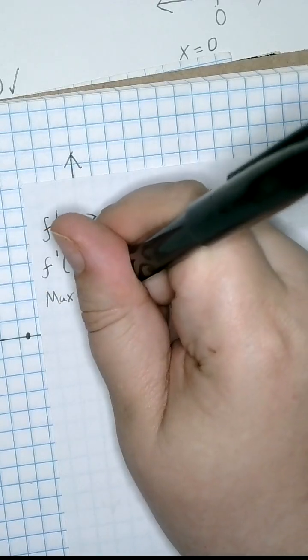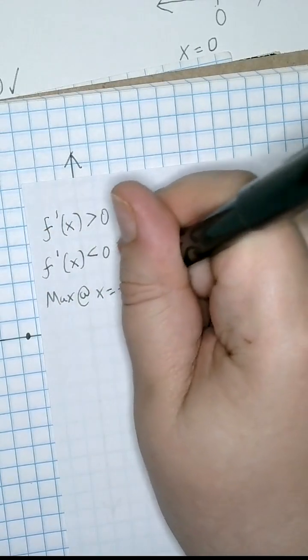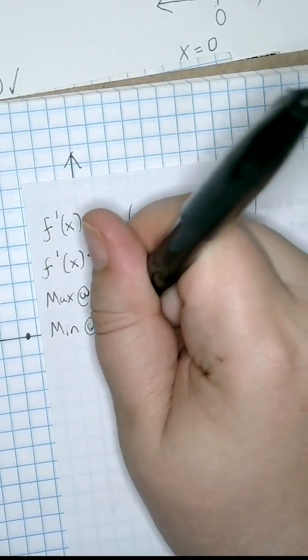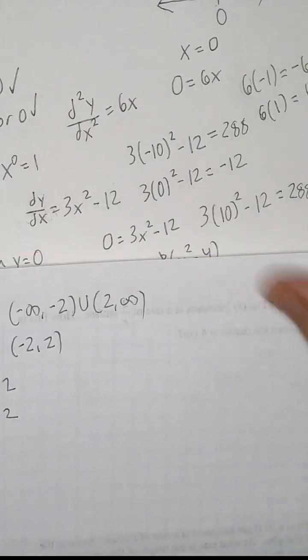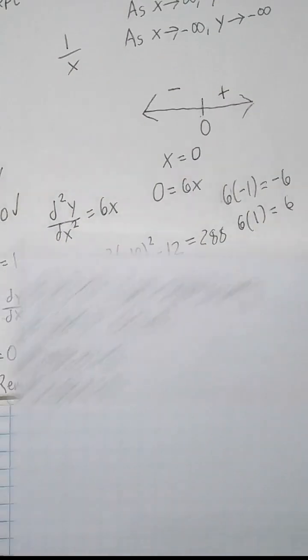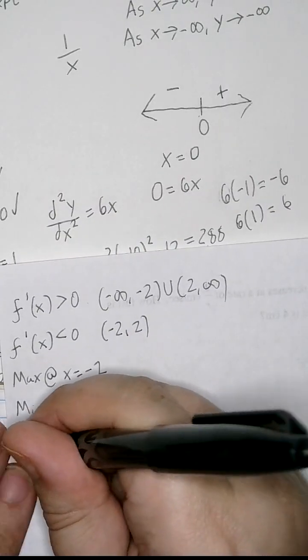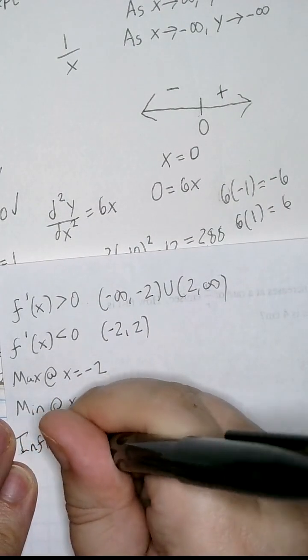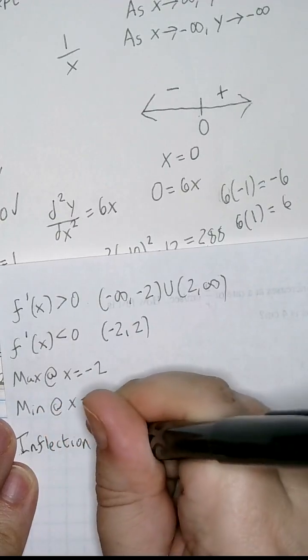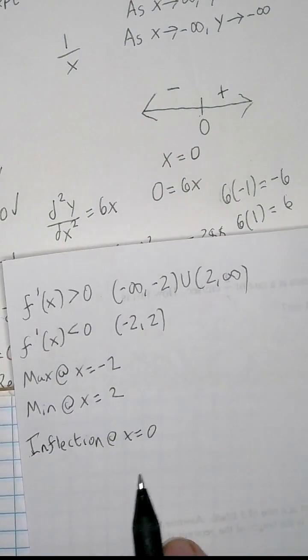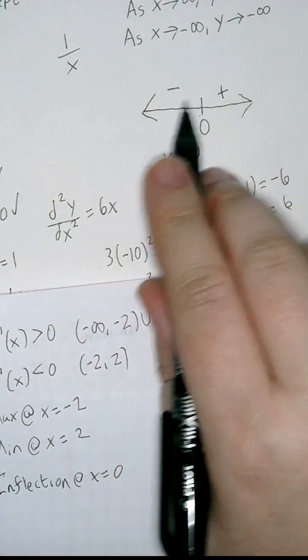Max at x equals negative 2, min at x equals 2. And then, what else do we know? We know that we have a point of inflection at x equals 0. So that means the concavity is going to change from concave down to concave up.